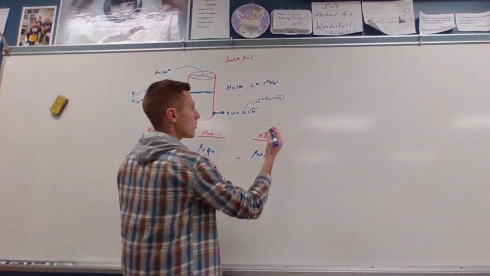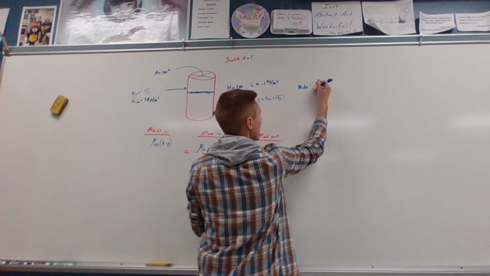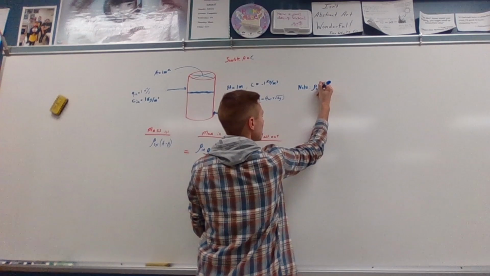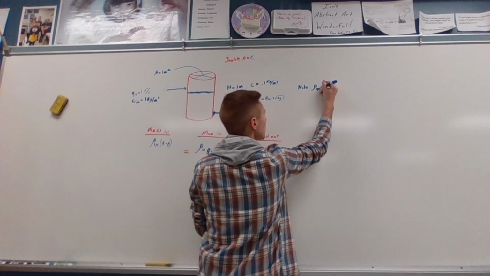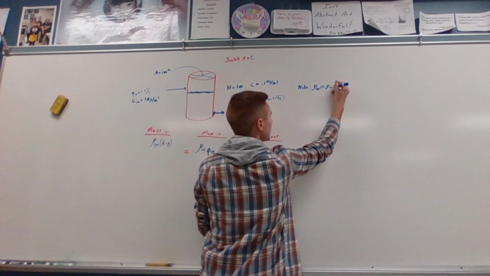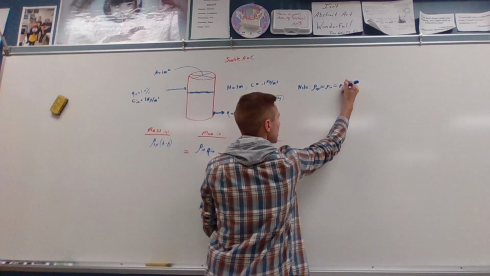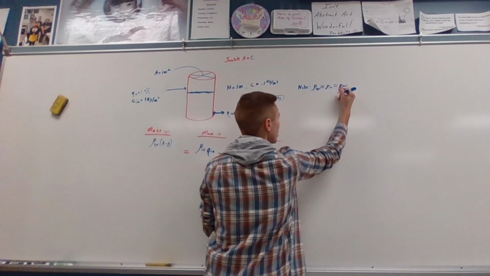So I'm going to make a note of that real quick. A little note on the side here: the density of the system is approximately equal to the density coming in, which is approximately equal to the density going out.